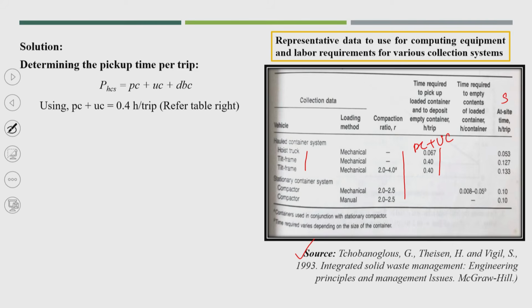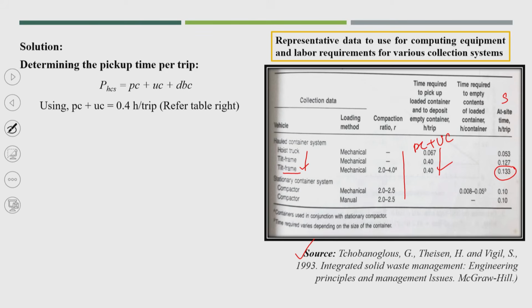Here in the problem it will be given what kind of vehicle has been used. Here we used the tilt frame. So, we took the value of PC plus UC as 0.4 hour per trip, and the at-site time as 0.133.